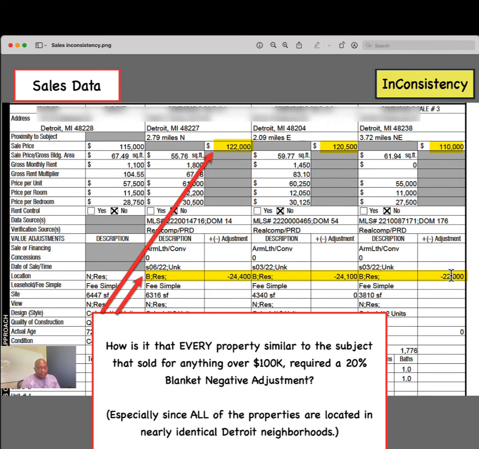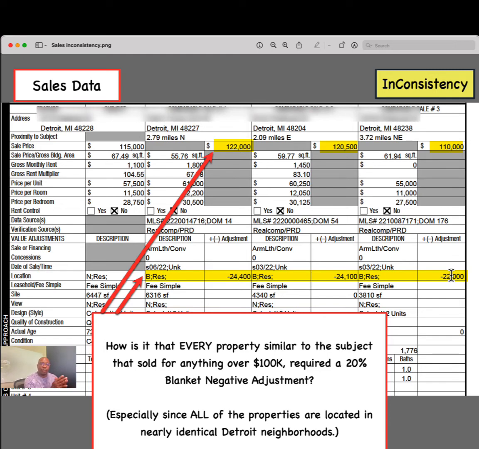Because here's the thing. Unlike my realtor brothers and brethren, I should say, my realtor brethren and sisterin, which I am one, by the way, so I don't want to see any negative comments in there. Appraisers have to support everything they put in their appraisal.